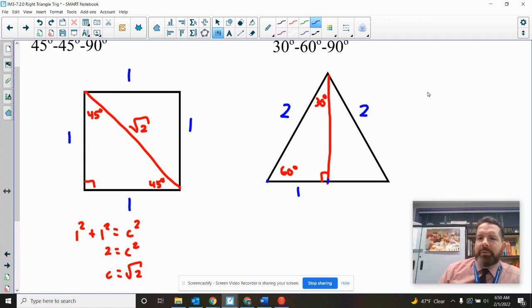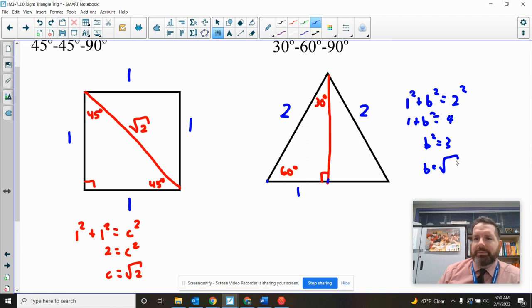And then using the Pythagorean theorem, we can figure out the length of this other side. So 1 squared plus b squared equals 2 squared. That's 1 plus b squared equals 4. So b squared equals 3, and b is the square root of 3. The length of this altitude is square root of 3, and there is special right triangle number 2.